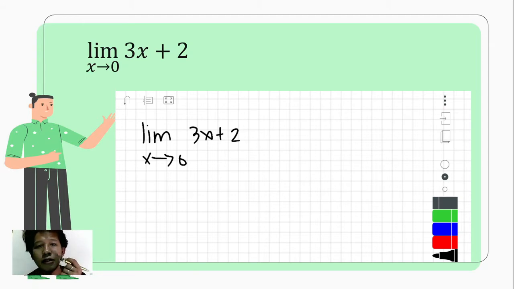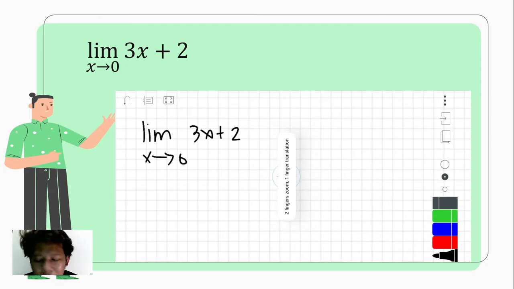Mag-approach tayo sa 0 kung saan yung values ng x ay mula sa kanan. So, that is, x approaches 0 from the right. And the other scenario is mag-approach tayo sa 0, galing naman sa kaliwa, or as x approaches 0 from the left. So, the first one is x approaches 0 from the right.